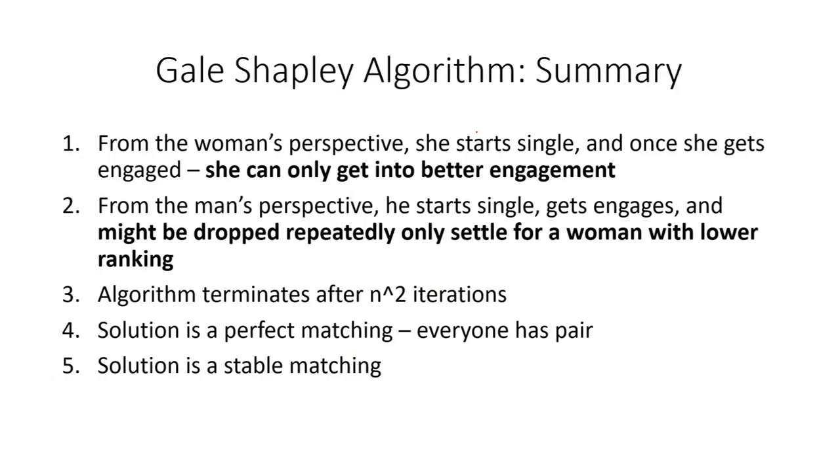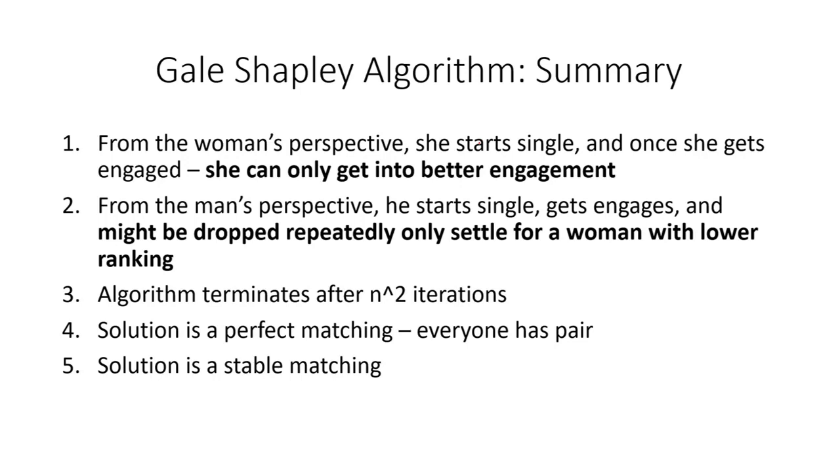So if we summarize this algorithm, we see that from the woman's perspective, of course, she starts single, but once she gets engaged, she can only improve her situation. At each step, she can only engage with a much better boy.